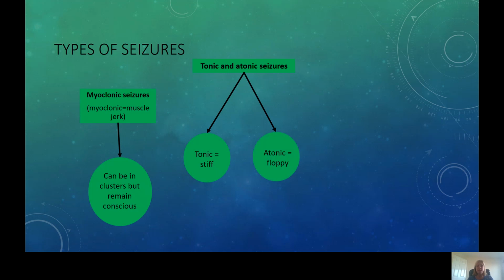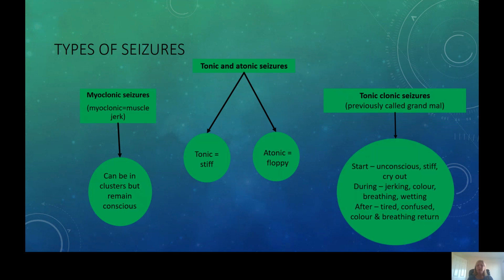Tonic generally means stiff, atonic means floppy. With a tonic seizure, the client may fall backwards, and it is without warning that they are going to have a seizure. With atonic or a drop attack, the client may fall forwards, and again, they are not given any warning of this type of seizure.